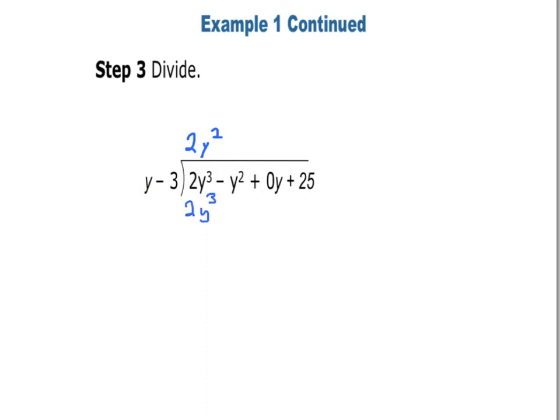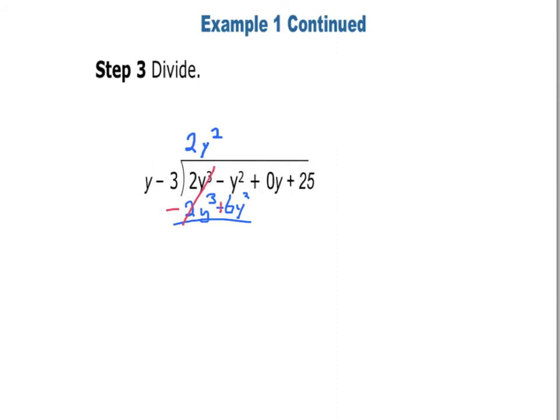But remember, I have to multiply this, not by just the y. I have to multiply it by the whole binomial. So I'm going to multiply that 2y squared times the negative 3 as well. And that's going to give me minus 6y squared. Okay, now at this point I'm going to change the signs and add. So this goes to 0.